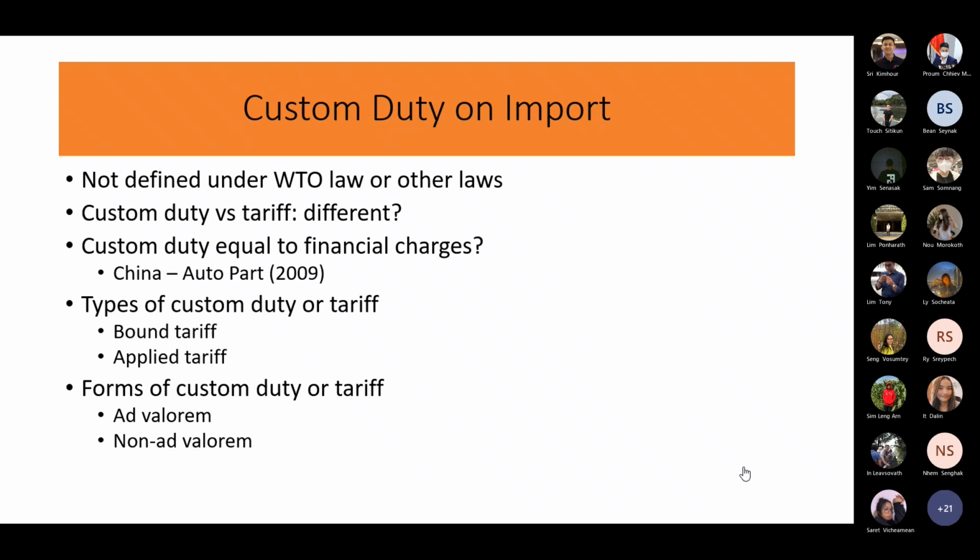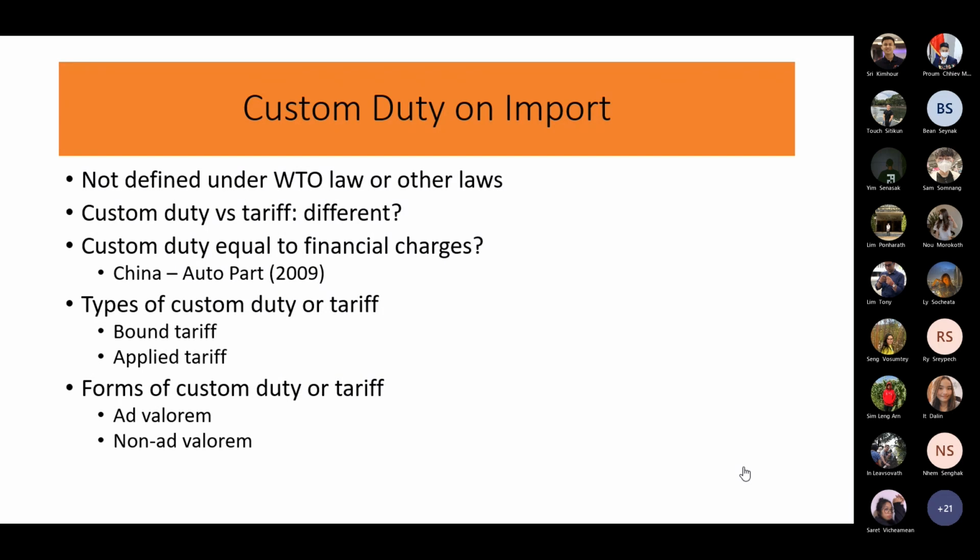Quantitative restriction is not a form of tariff, because quantitative restrictions, for example bans and quotas, are forms of non-tariff measures. But tariff, we talk about tariff as the money that we pay at the border. So custom duty and tariff are the same.